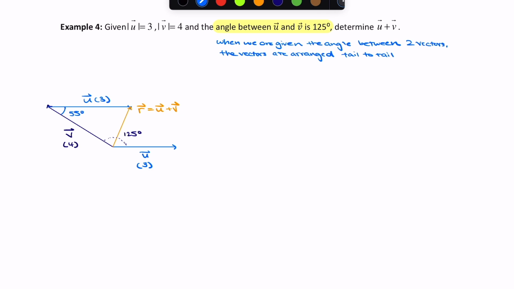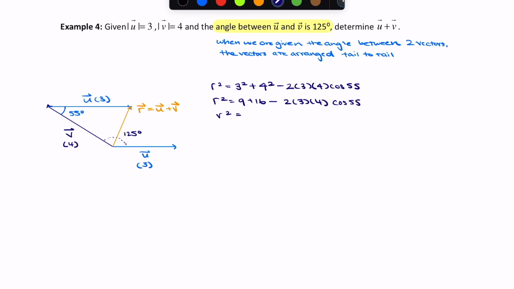Okay, so here, to look for the length, we can use cosine law. R squared is equal to 3 squared plus 4 squared minus 2 times 3 times 4 times cos 55. R squared is equal to 9 plus 16 minus 24 cos 55.